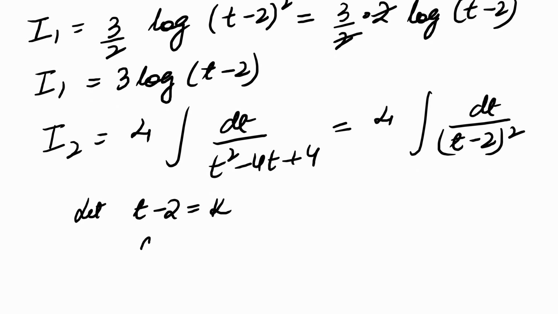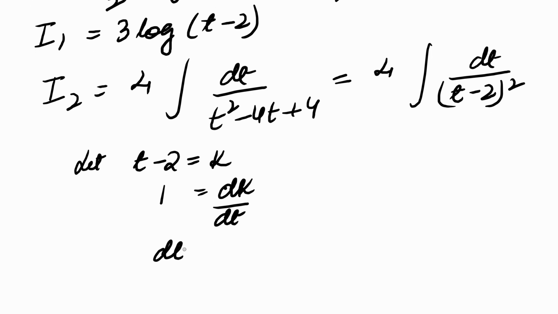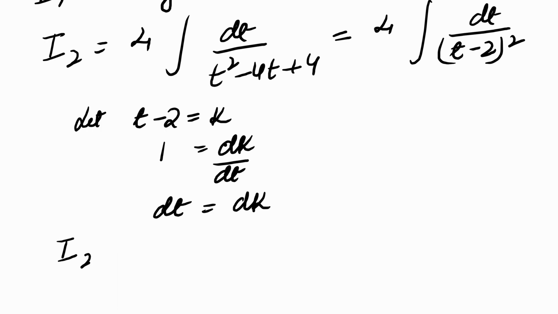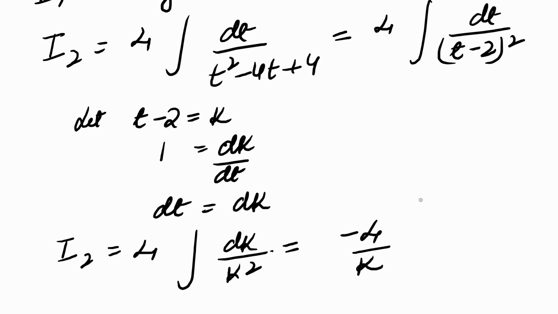We will differentiate with respect to t. So 1 is equal to dk by dt. So dt is equal to dk. So I2 will become 4 dk upon k square. This will become nothing but minus 4 upon k, and k is t minus 2, so minus 4 upon t minus 2.